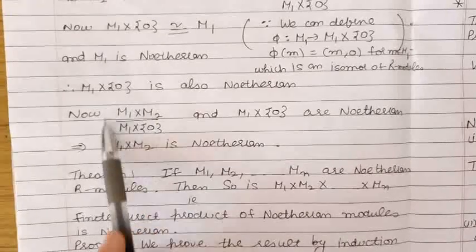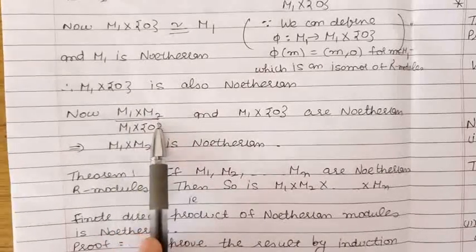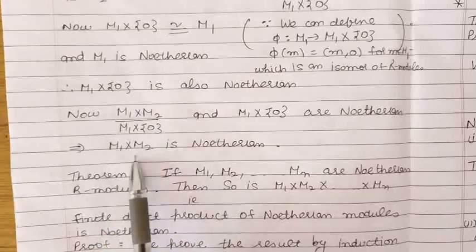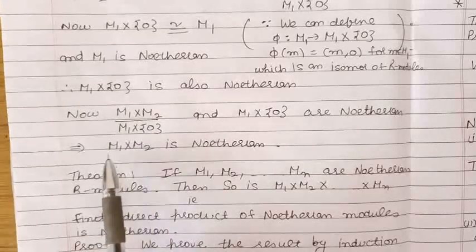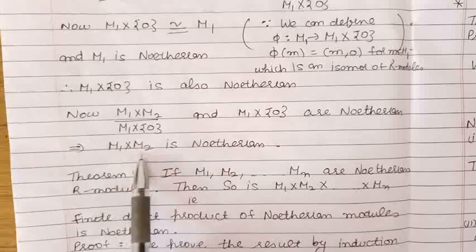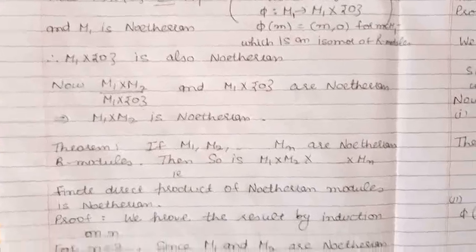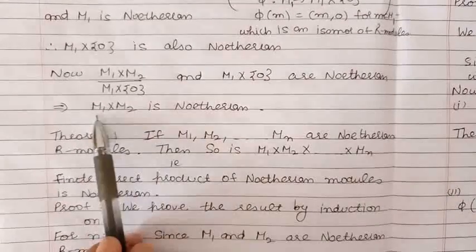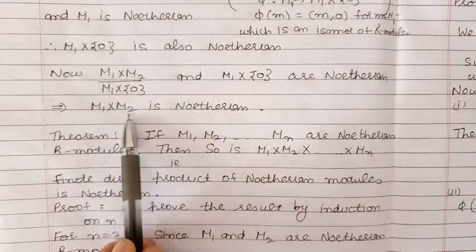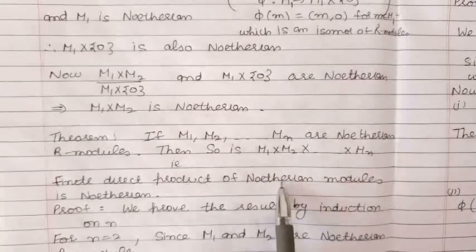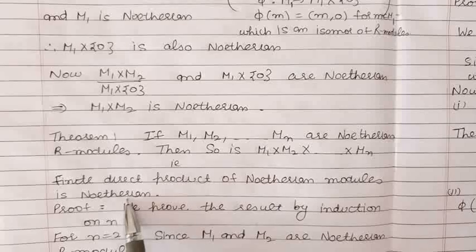Now the factor module is noetherian, the submodule is noetherian, so this module will also be noetherian. So we can say that the product of noetherian modules is noetherian. Here we have proved the theorem for two noetherian modules. We can generalize this result also: in general, the finite direct product of noetherian modules is noetherian.